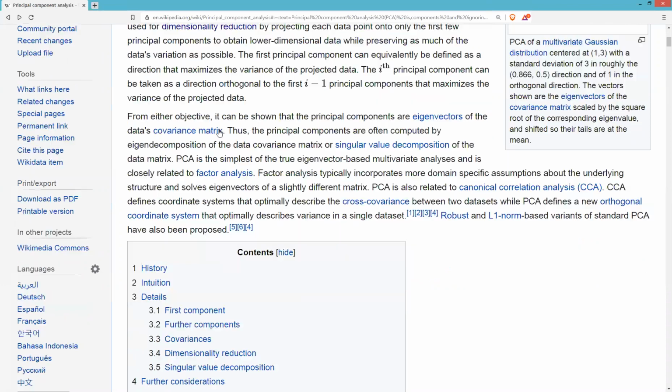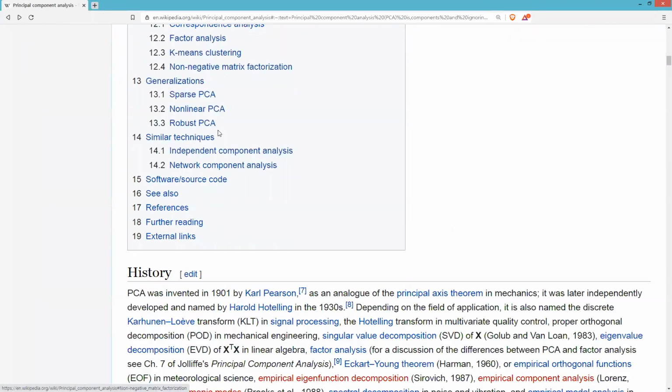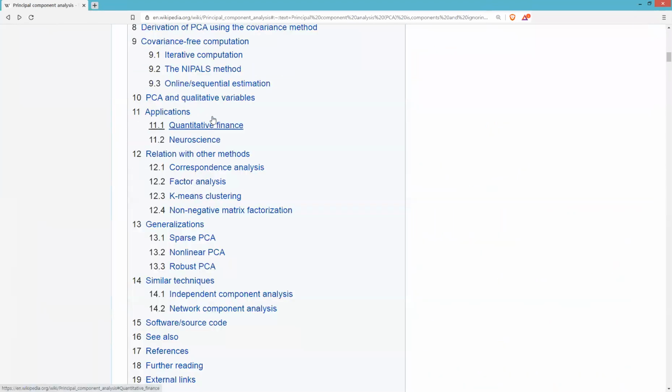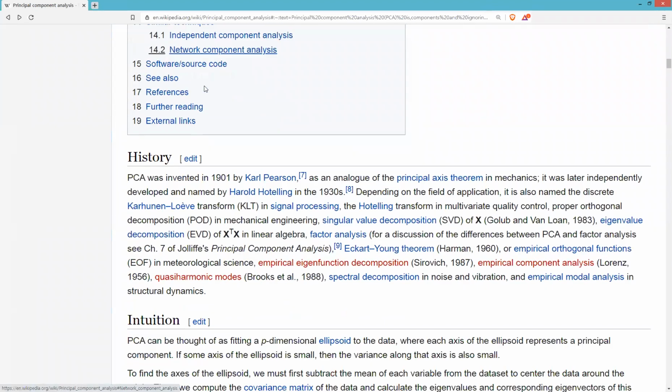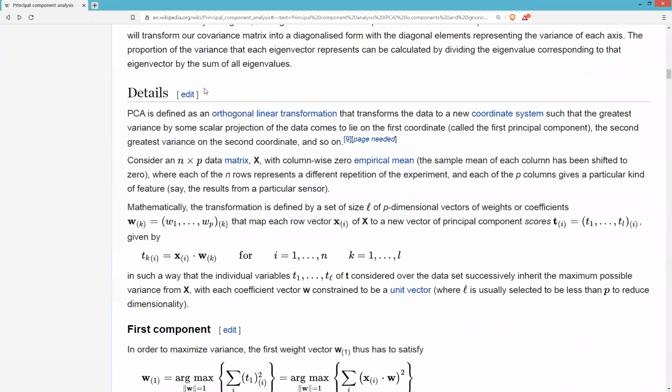So let me skip, there are a lot of explanations. I think they are all good. So intuition, skip intuition and go to the detail. Okay. So PCA, principal component analysis, is defined as an orthogonal linear transformation.